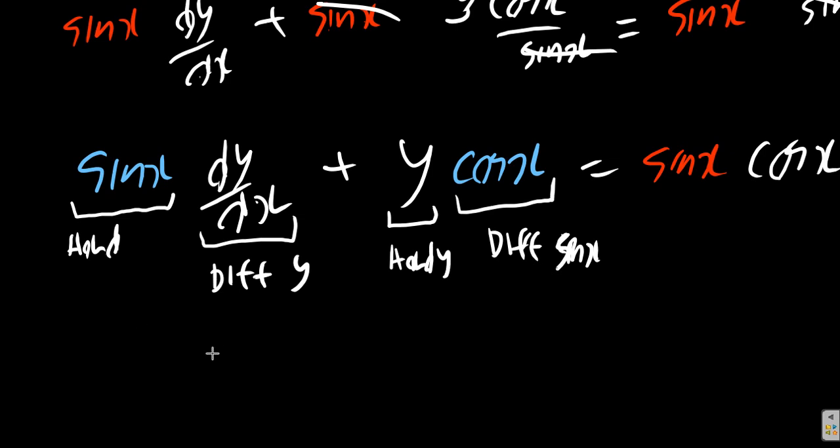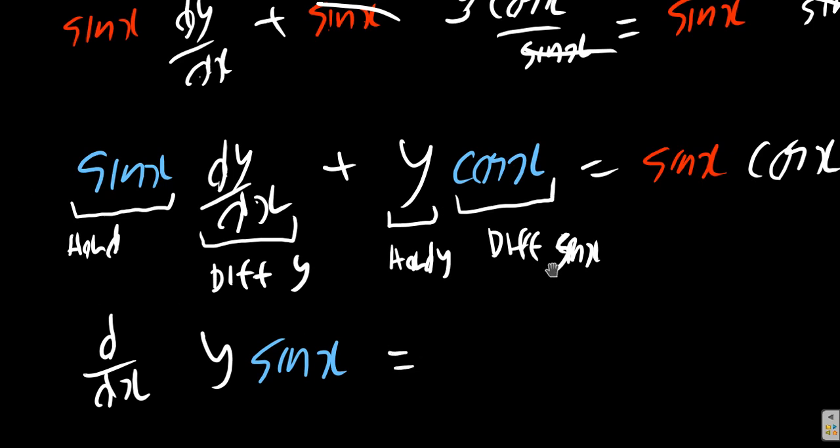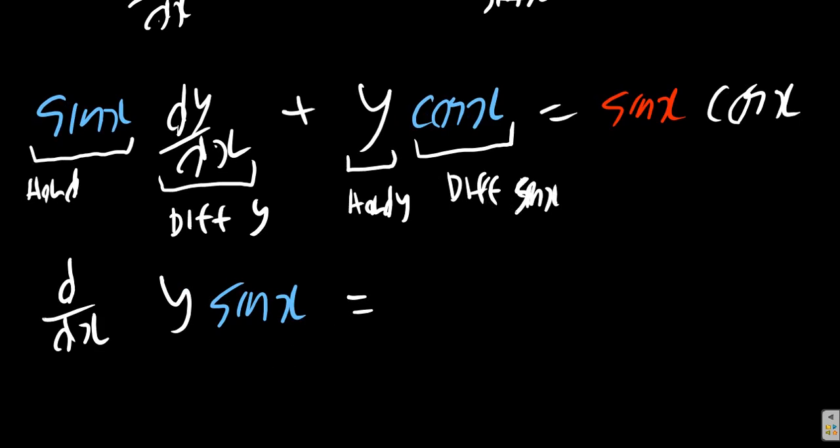The product you have here is y times sin x, and you find the derivative of this with respect to x, which equals sin x cos x.